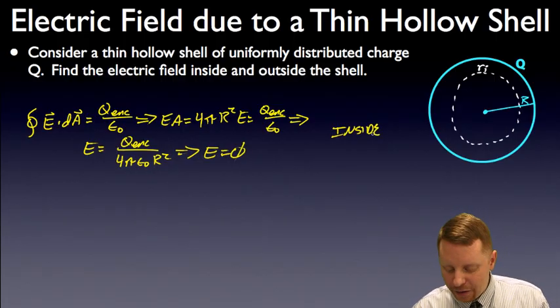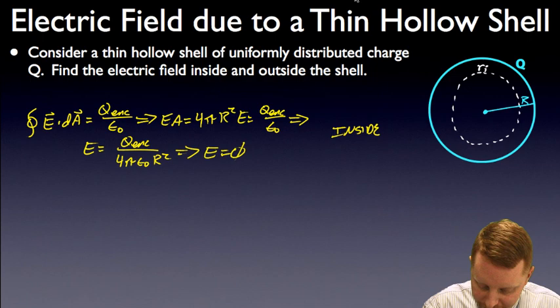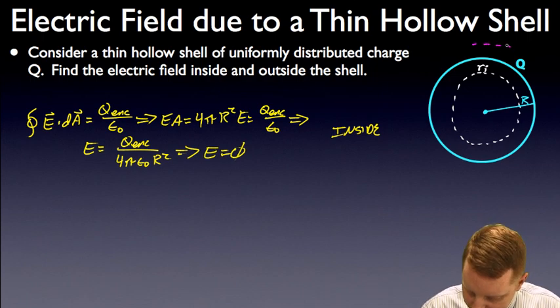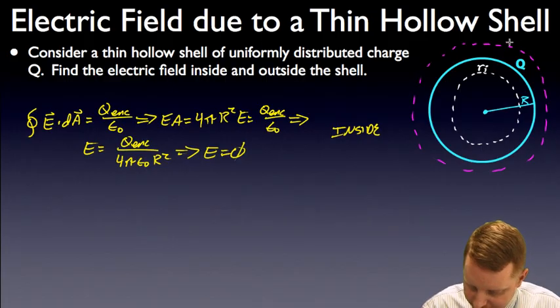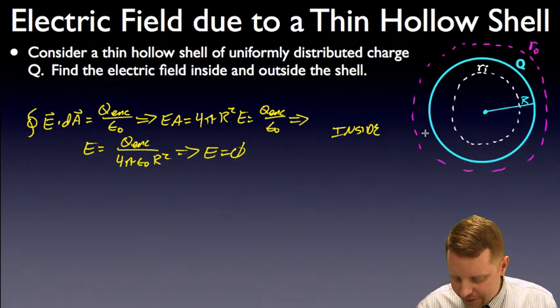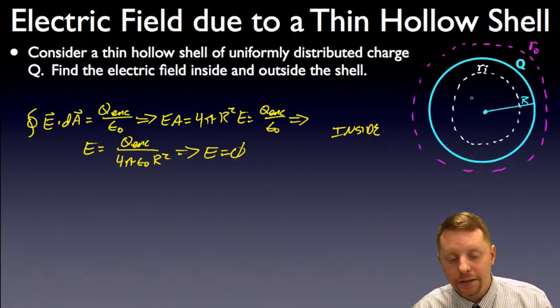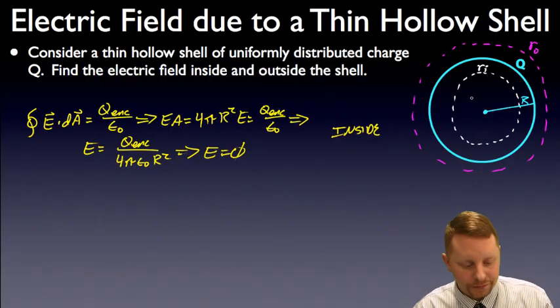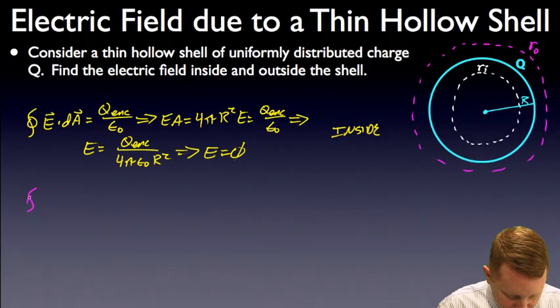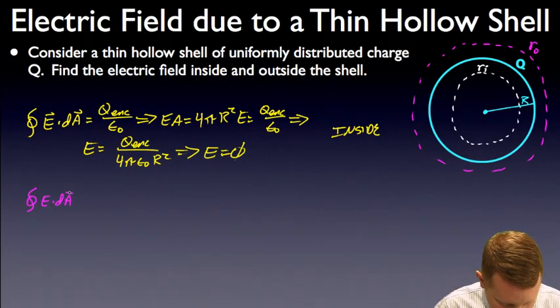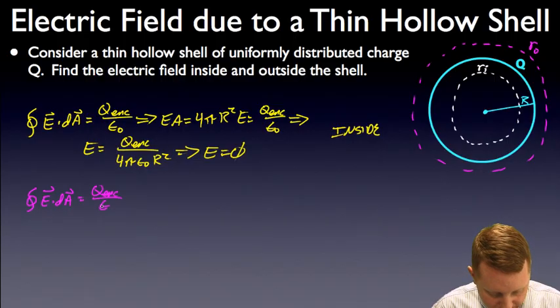Let's try the same thing outside the shell. Now we'll make a different Gaussian surface. Let's call this RO for R outside. We want to know the electric field somewhere on this Gaussian sphere due to this hollow shell of charge, Q. Again, the integral over the closed surface of E dot dA equals Q enclosed over epsilon naught.